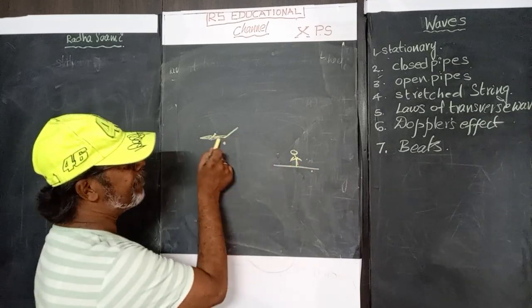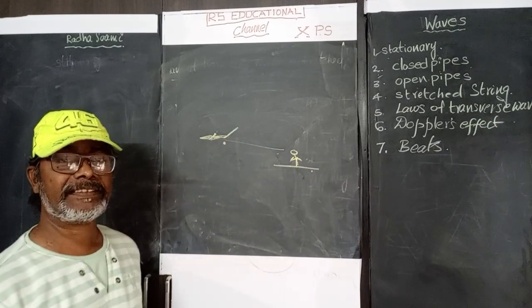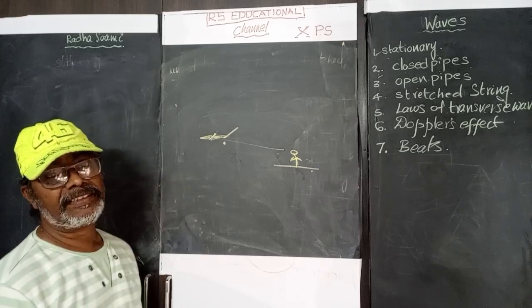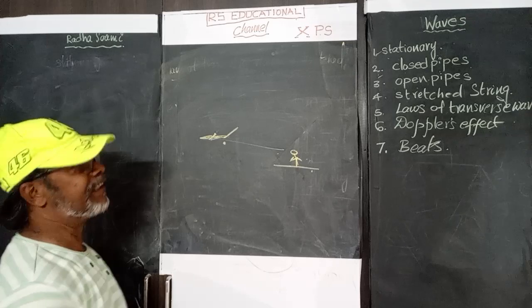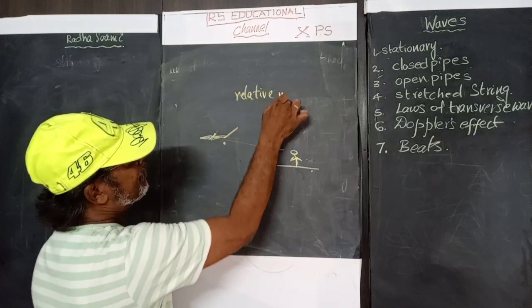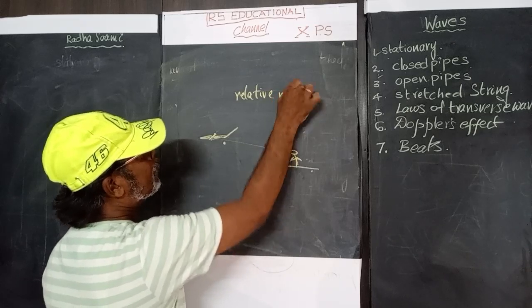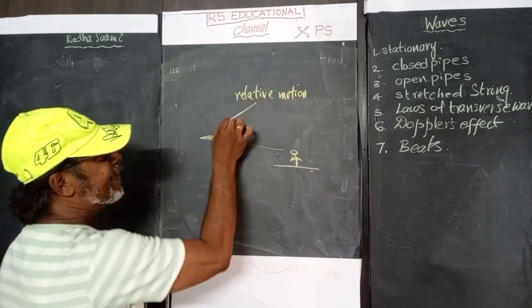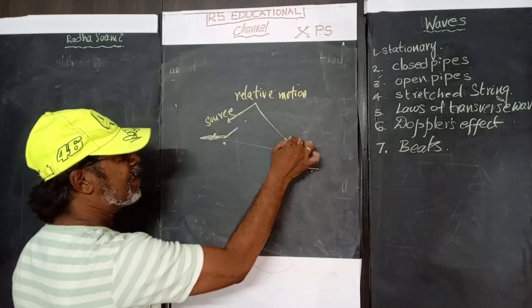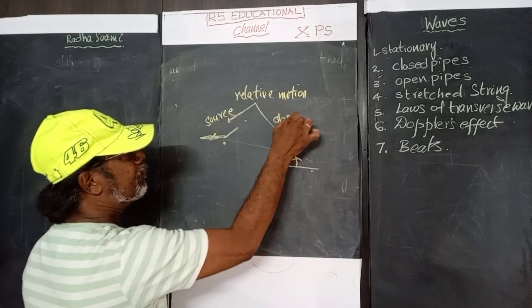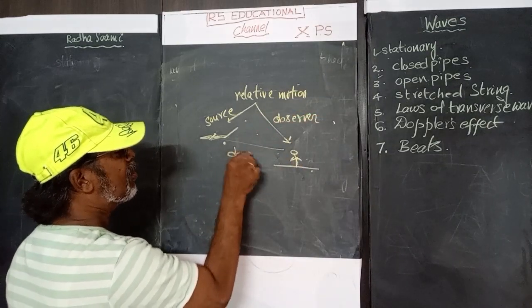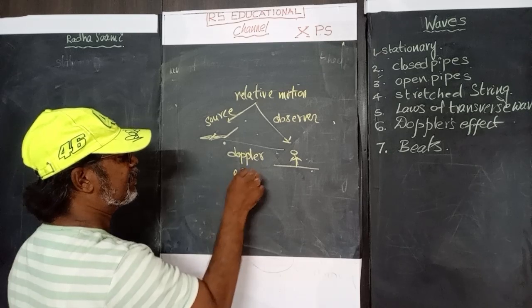The frequency changes as the relative motion between the source and the observer is called Doppler effect.